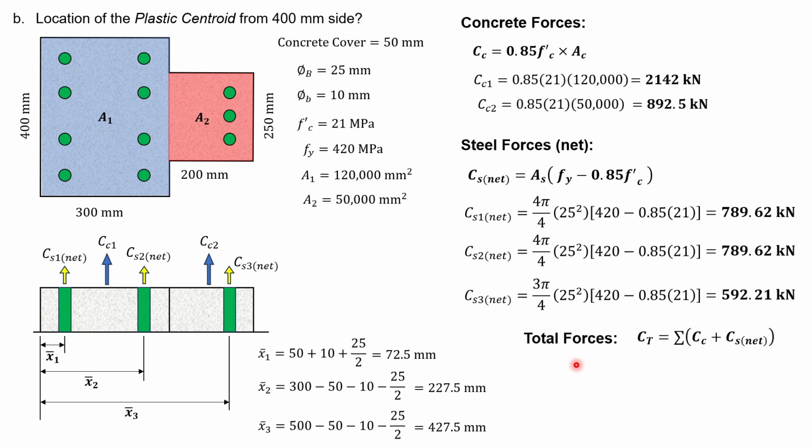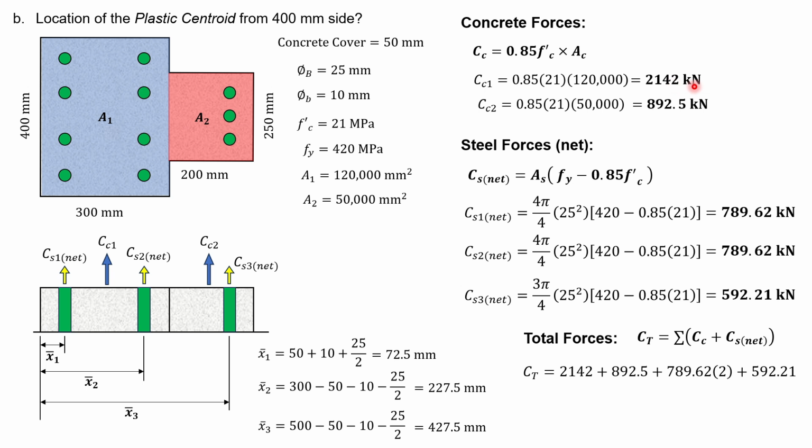Then again, for the total forces, this is simply summation of the concrete plus the steel net. Okay? Then, the C sub T is finally equal to, for the C sub C, we have C sub C1 and C sub C2.